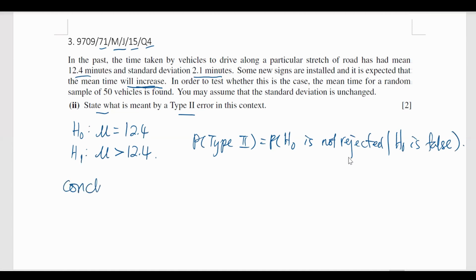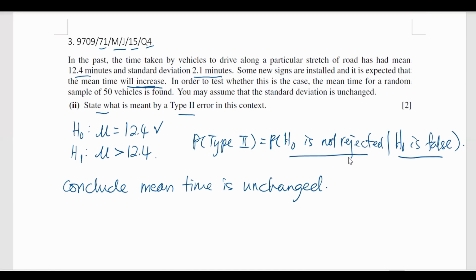Okay, so what do we conclude? We conclude when H0 is not rejected. So we do not reject H0, which means we conclude that the mean time remains at 12.4. So we say the mean time is unchanged. But H0 is false. H0 is false means this value should not be used anymore, so we have to reject it.